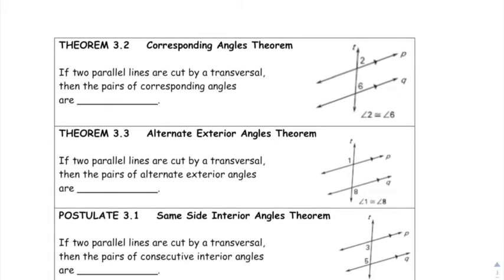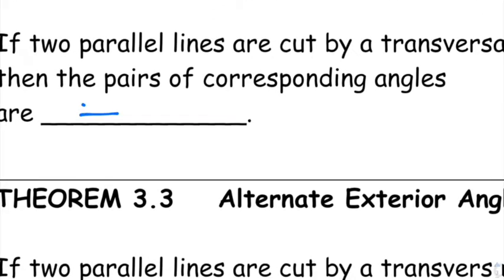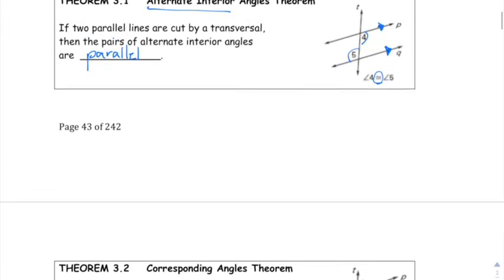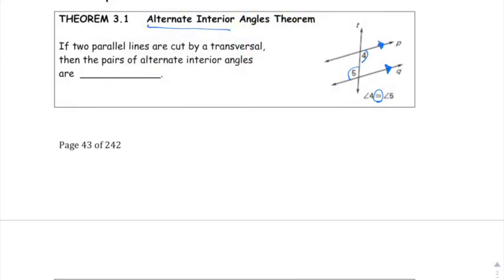Alright, so that's with alternate interior angles, and once again, that's only if they're touching parallel lines. Also you've got the corresponding angles theorem. If two parallel lines are cut by a transversal, then the pair of corresponding angles are, we're going to say, congruent. You know what? I put parallel up here. I'm sorry, that should be congruent. It should read: then the pairs of alternate interior angles are congruent.